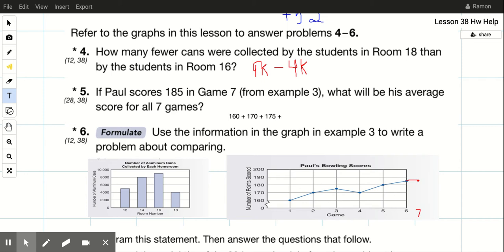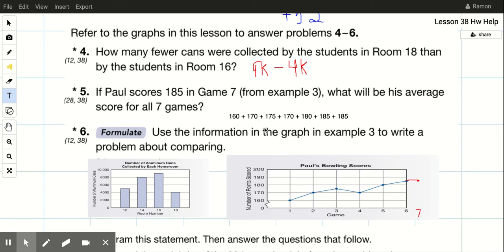The fourth game dropped a little bit to 170. The fifth game shot up to 180. Then the sixth game hit 185, which is what he did again in the seventh game. So he should probably cut his losses there and go home.